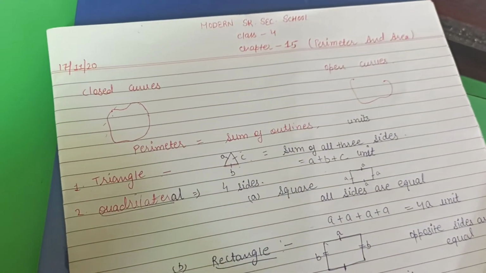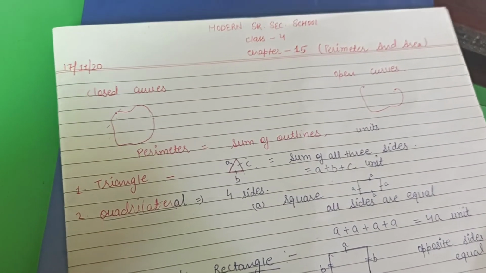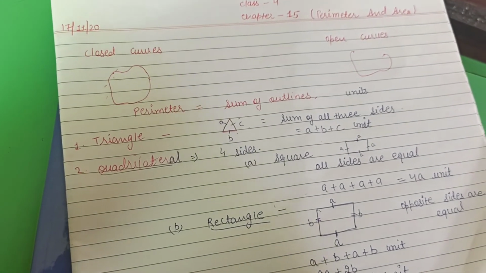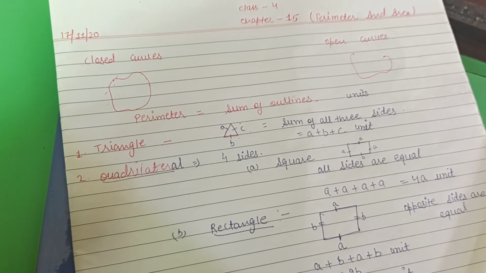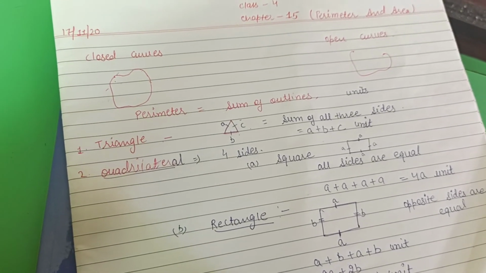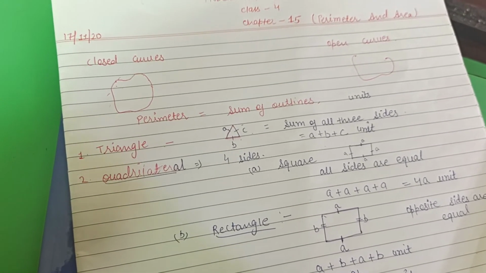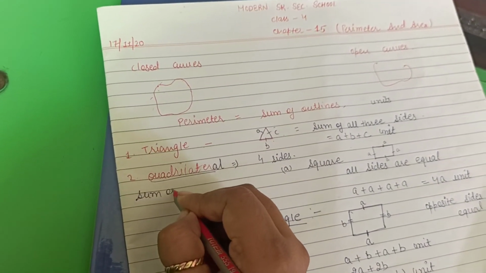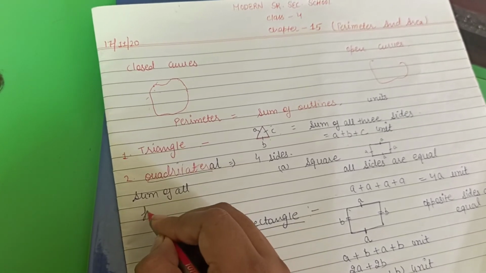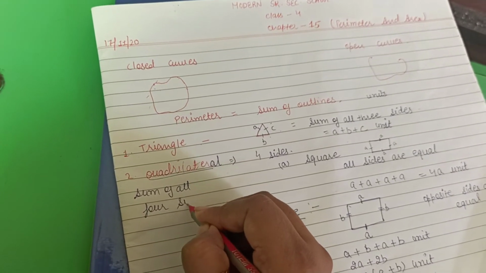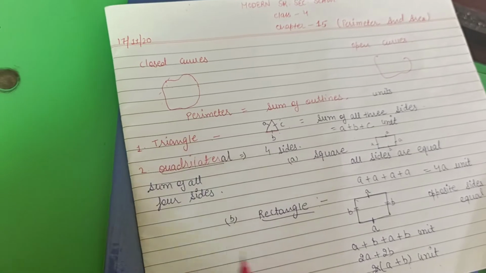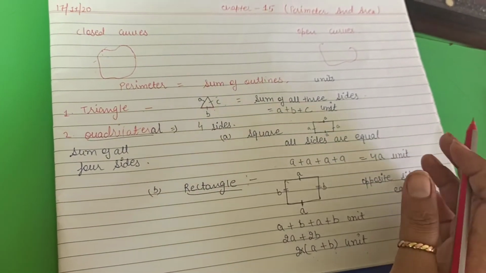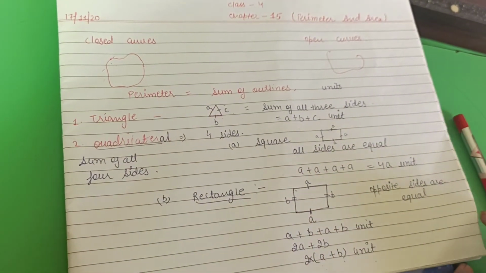If anyone tells you that this is a quadrilateral with all four different sides, then the perimeter of the quadrilateral is the sum of all four sides, right? Either they are the same, or they are different.